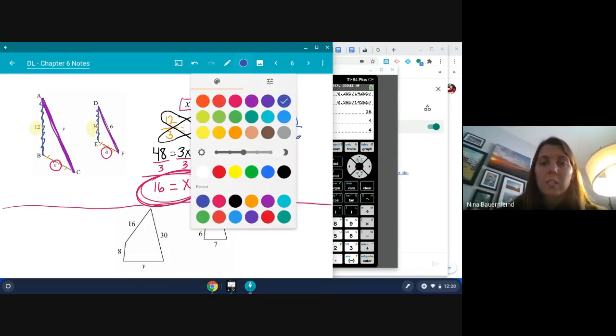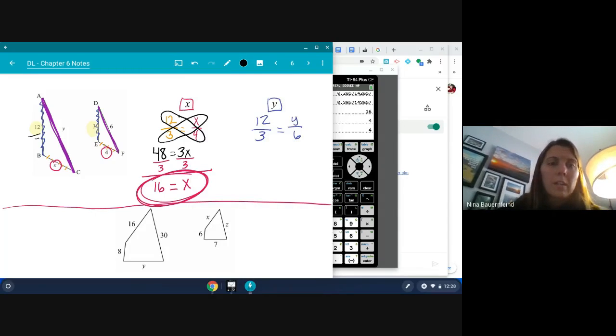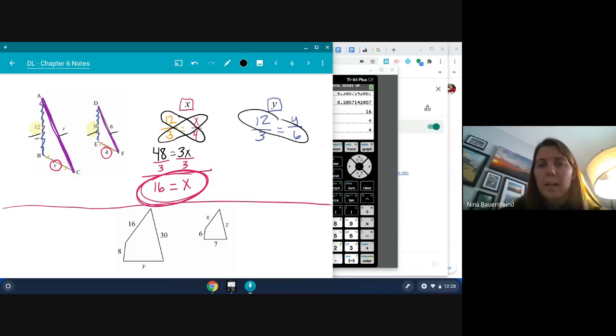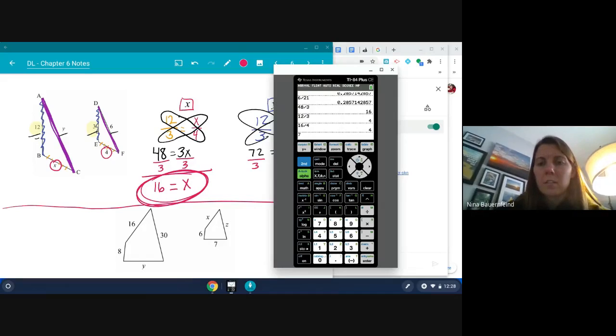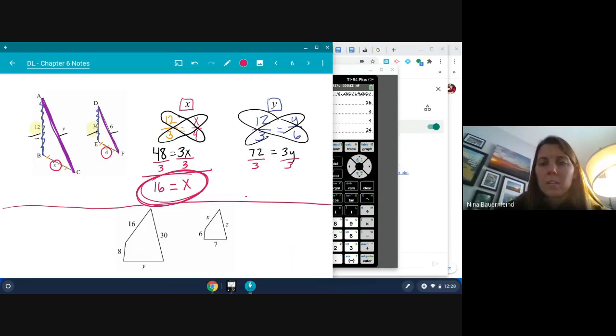Y over 6, because if we did right over left, we got to do right over left. So then we cross multiply. 6 times 12 is 72. 3 times Y is 3Y. Divide by 3, divide by 3. So we get 24 equals Y.